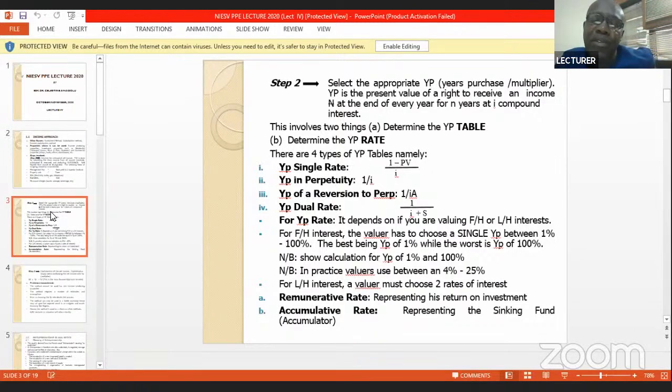If you go to your own bank and open a savings account, find out at what percent they pay interest on your savings account.